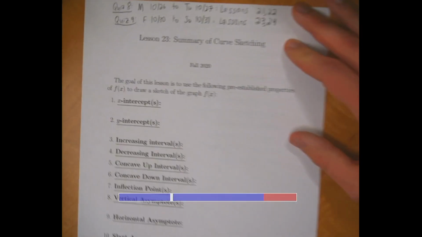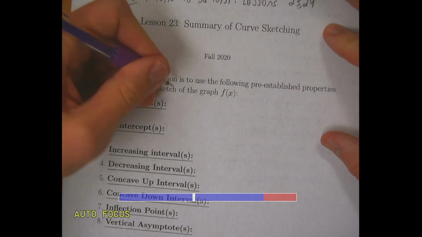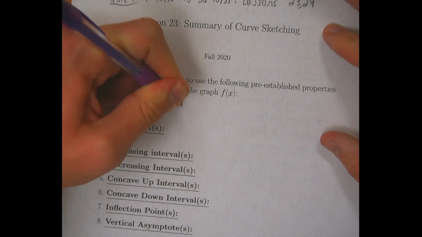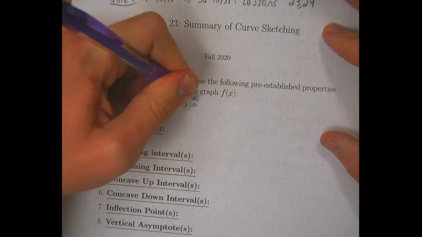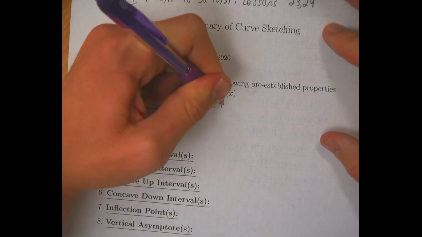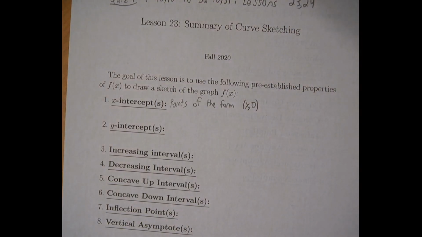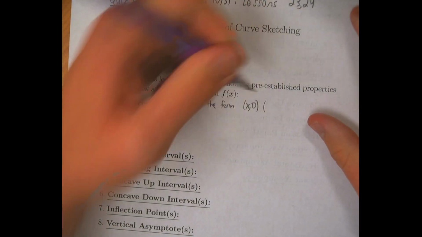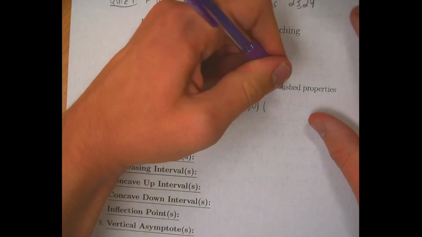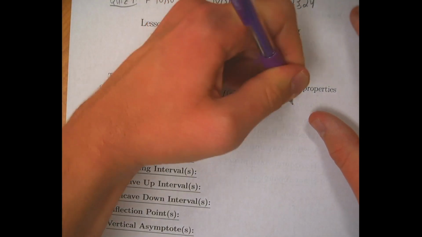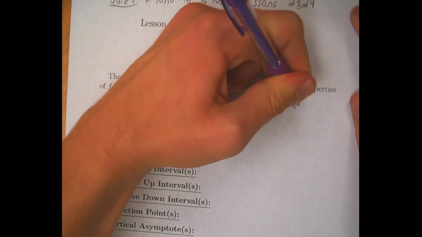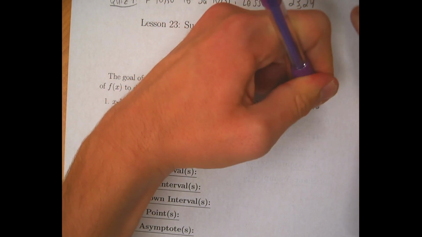So start off, x-intercepts. So points of the form x comma 0. And if you want to figure out how to get x-intercepts, you solve f of x equals 0 to find them.